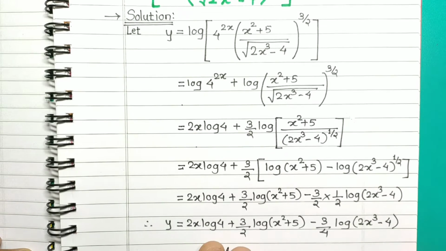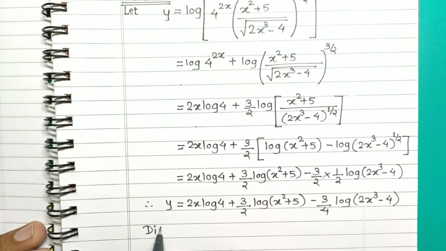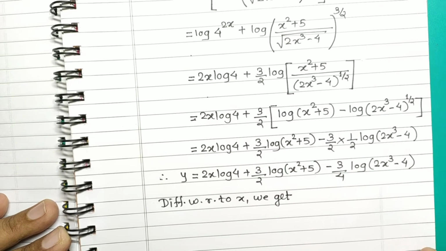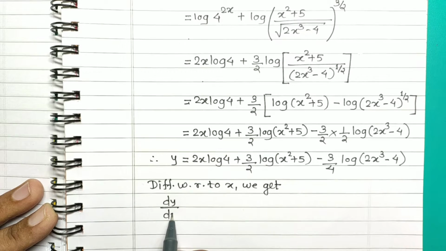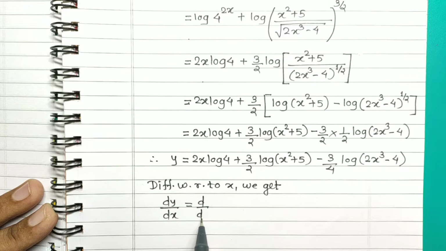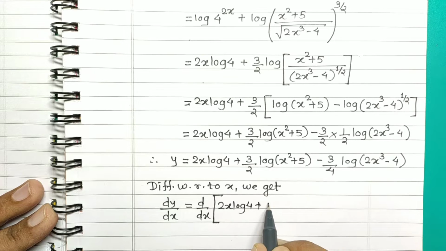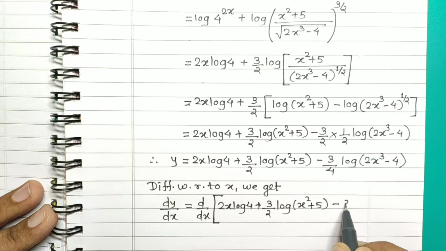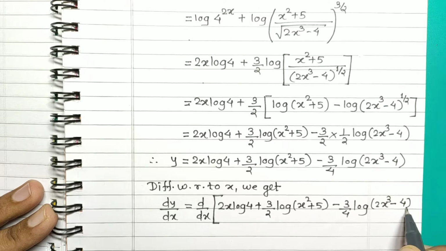So let's differentiate this function y at this step. Differentiating with respect to x, we get dy by dx is equal to the derivative of all these terms: 2x into log 4 plus 3 by 2 into log of x square plus 5 minus 3 by 4 into log of 2x cube minus 4.